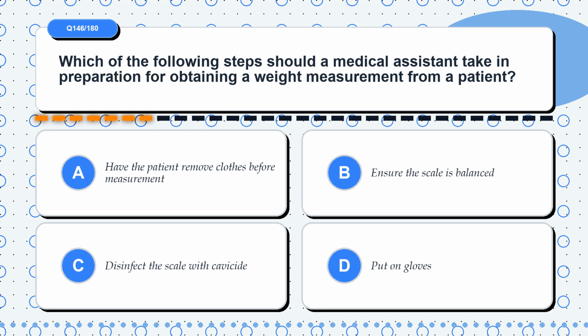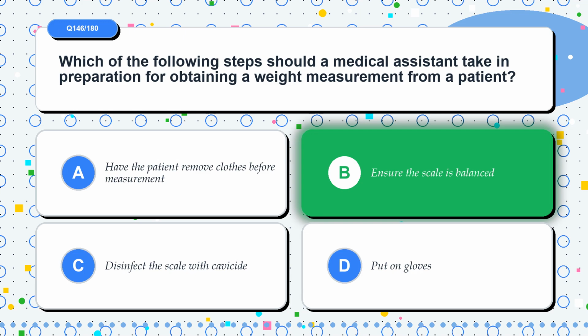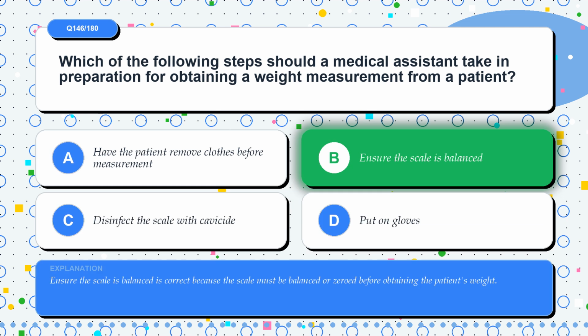Option C, disinfect the scale with cavicide. Option D, put on gloves. The correct answer is option B, ensure the scale is balanced. Ensure the scale is balanced is correct because the scale must be balanced or zeroed before obtaining the patient's weight.